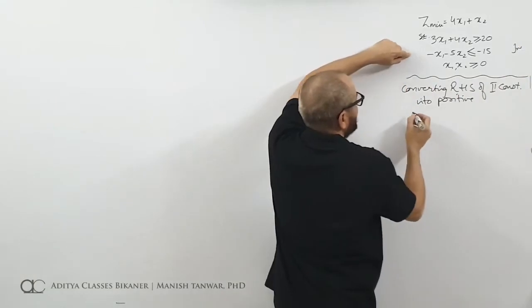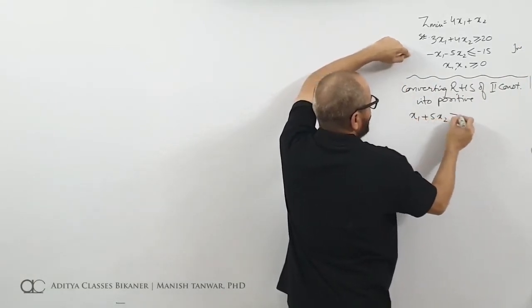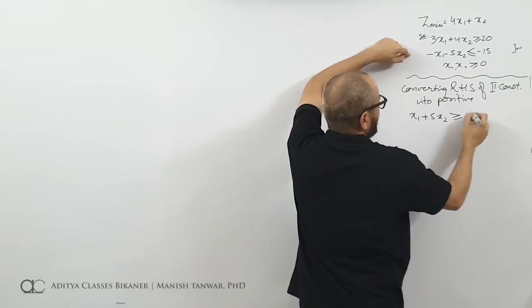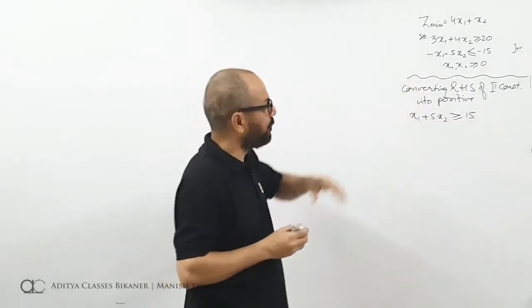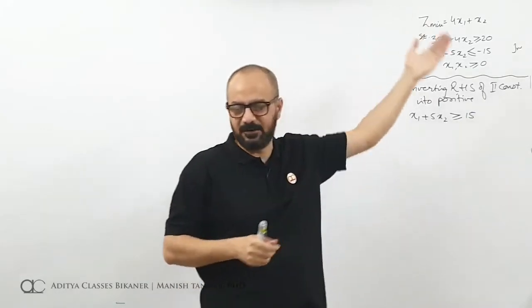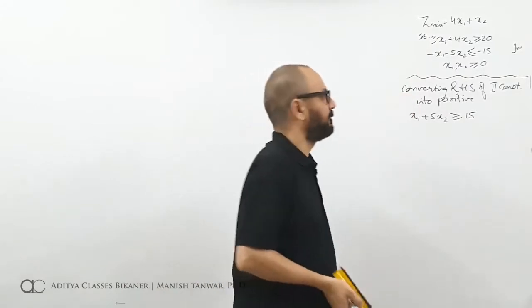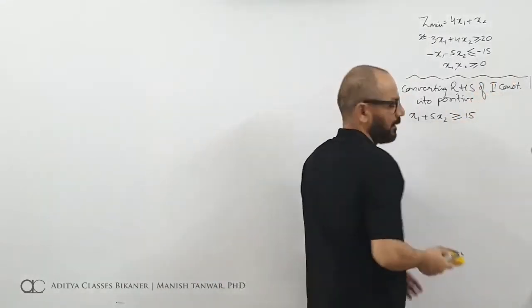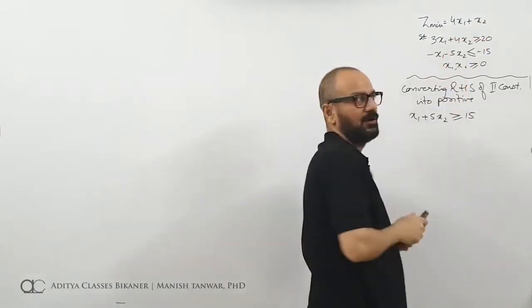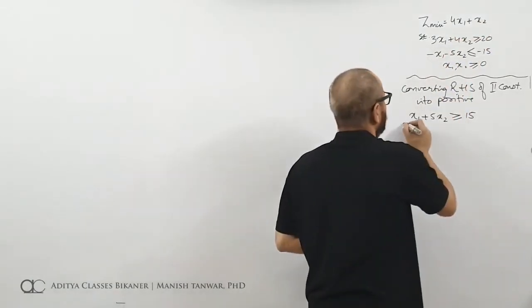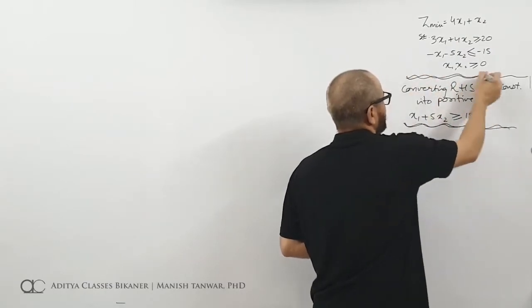We've seen this. So this becomes x1 plus 5x2 greater than equal to 15. This becomes my second constraint. So before even starting Simplex, I have converted my RHS which was negative. This was an additional step to make sure that all RHSs are positive. Now we can start our problem from here.